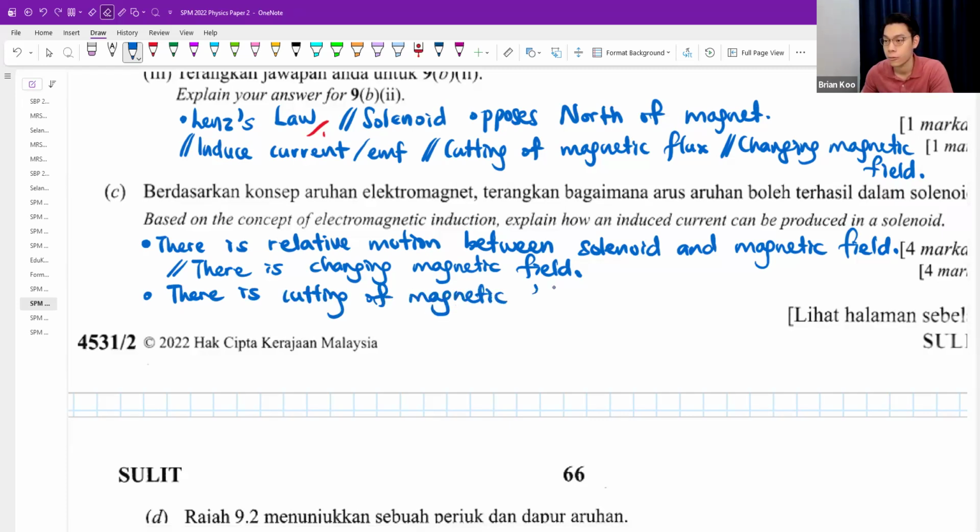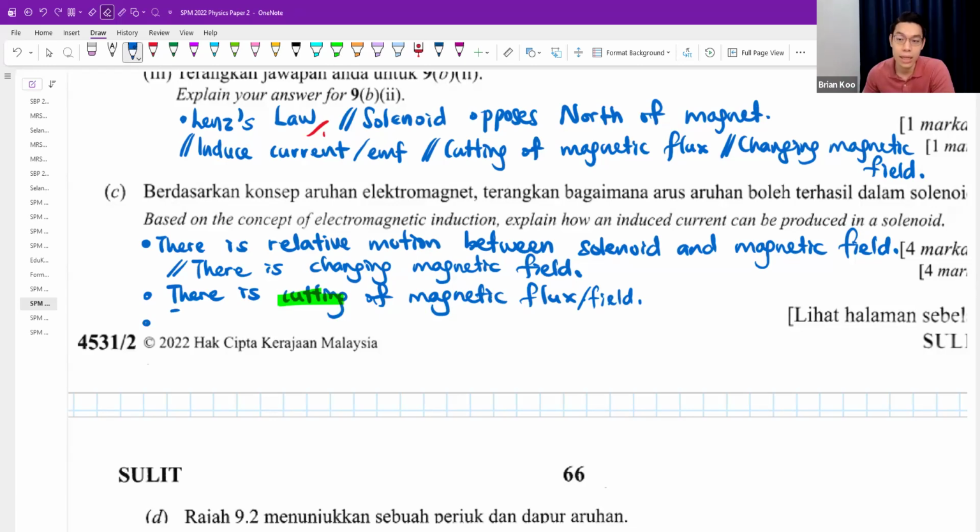If you say cutting of magnetic field, also is fine. Usually we are not very particular about it, but the keyword here is the word cutting. Flux means the magnetic lines. Field means the magnetic area. Flux is the lines, field is the area usually.